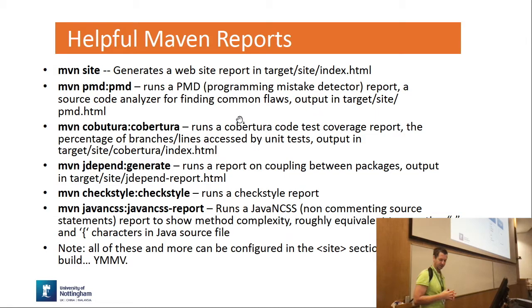There's another one about testing, like the percentage of the branches and lines accessed by the unit tests. There's always this constant question: do your tests actually test every possible outcome or every possible input and output? That's called coverage. Every possible combination of input and output. And that's a huge mystery, really, to try to figure out: am I really testing every possible scenario?